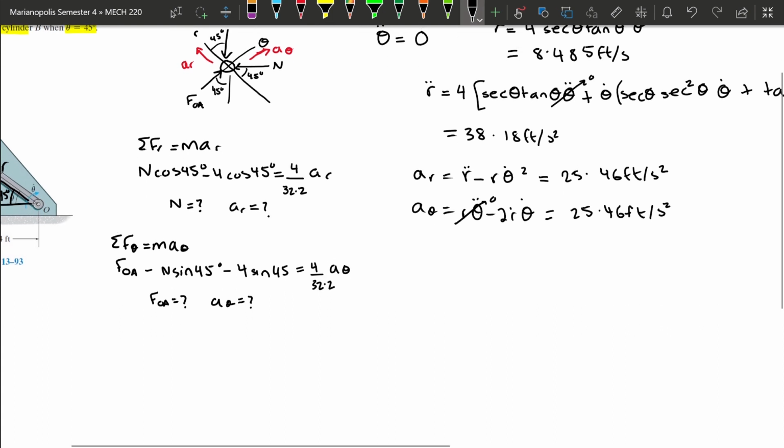Now that I have those, I can solve for N, and I get that N is equal to 8.472 pounds. Plugging N into the F theta equation, and plugging A theta in as well, I can solve for F_OA, and I get that that is equal to 12 pounds.